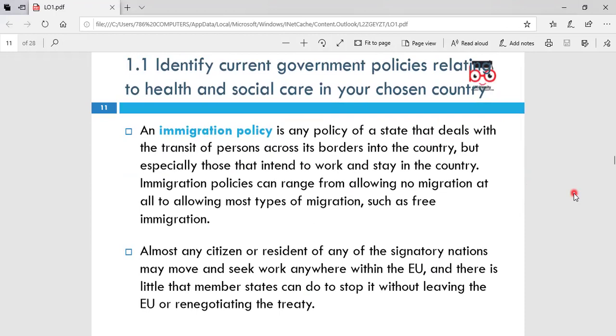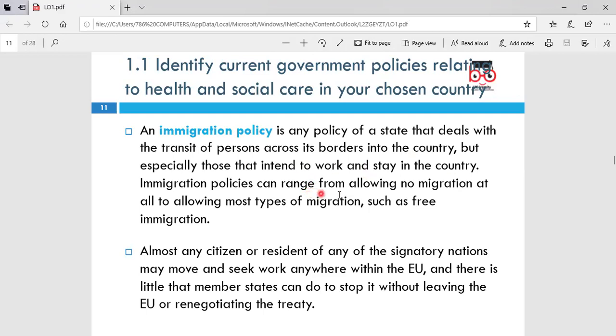Then you have an immigration policy. It's a policy of a state that deals with the transit of people. Every country will have an immigration policy. Because this is related to social care. It's the transit of people across its borders into the country, especially those that intend to work and stay in the country. Visiting is a different policy, and immigration is a different policy.